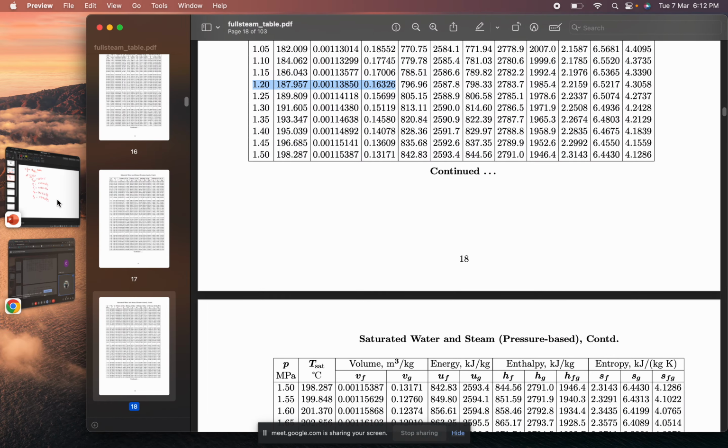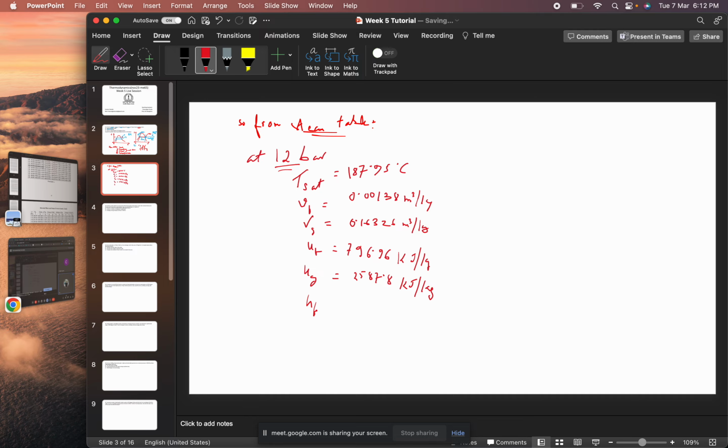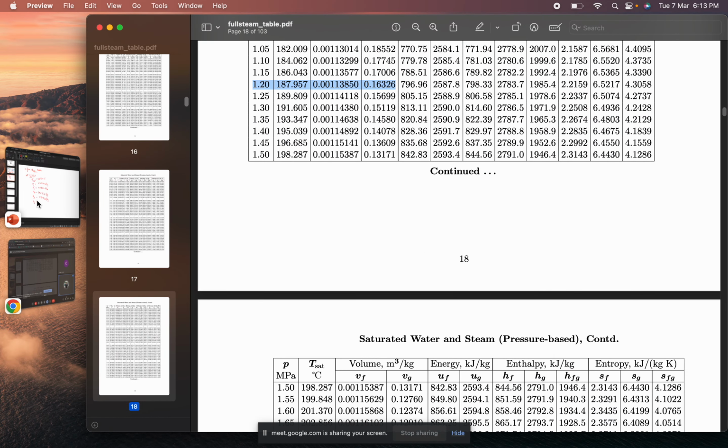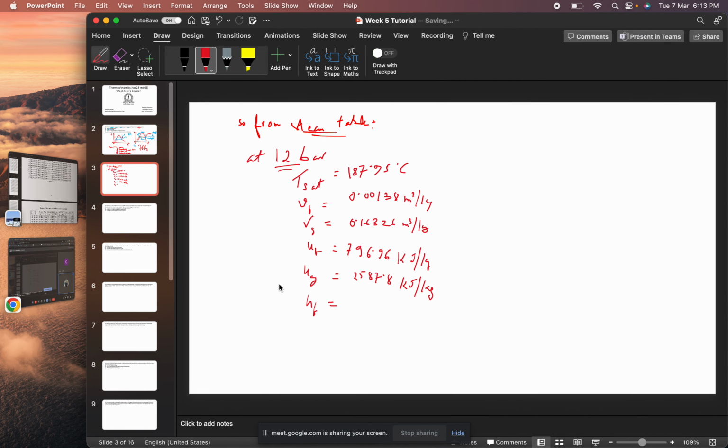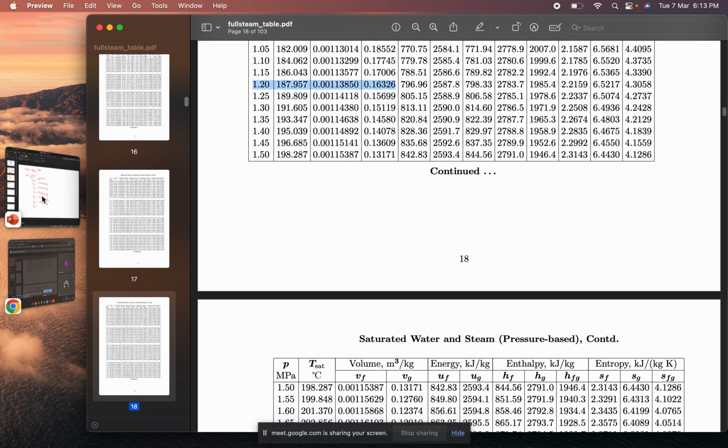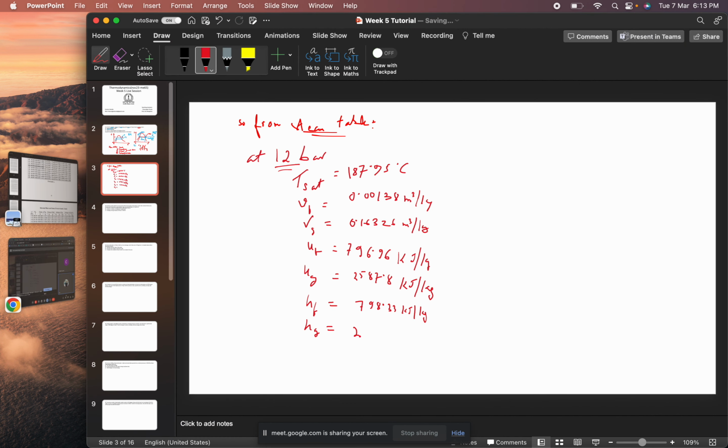Then your hf is 798.33 kilojoule per kg, and your hg is 2783.7 kilojoule per kg. I'm not concerned about hfg because it is nothing but the subtraction of hg minus hf.